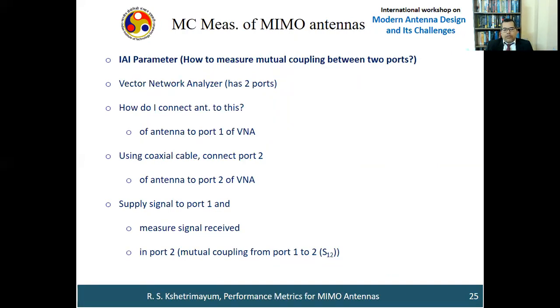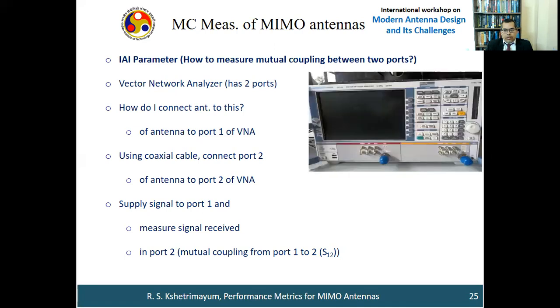The first parameter we use for characterizing a MIMO antenna is called mutual coupling. Mutual coupling is measured between two ports. This is the vector network analyzer. It has two ports, port 1 and port 2, and we want to measure the mutual coupling between two ports of a MIMO antenna.